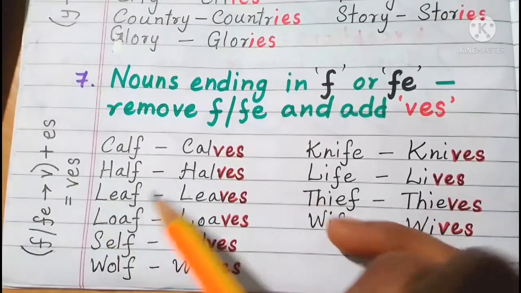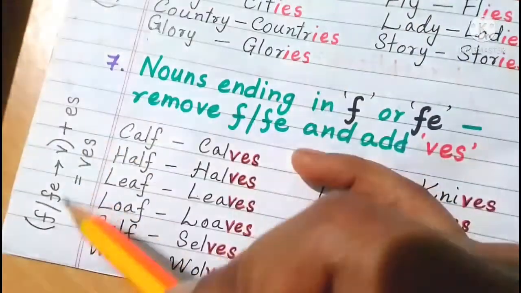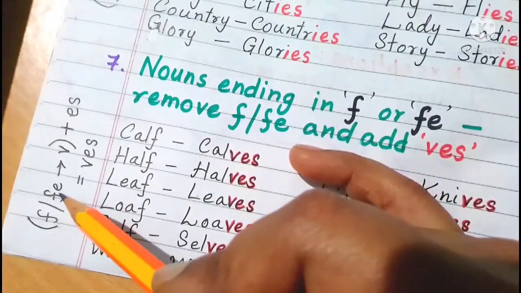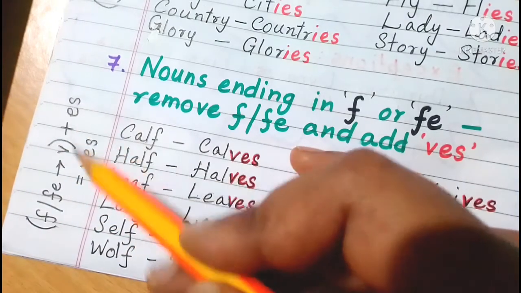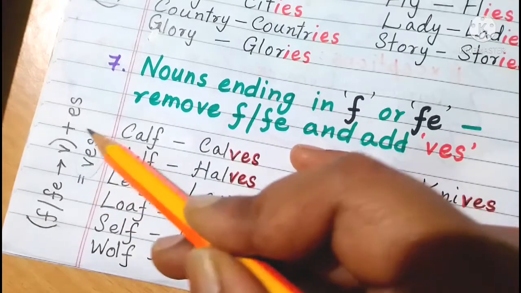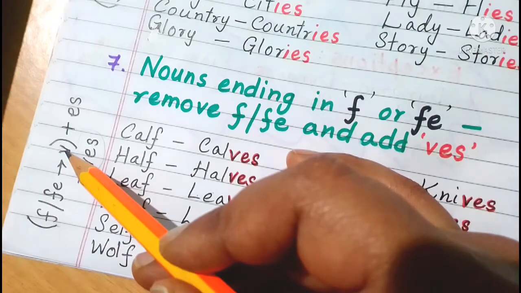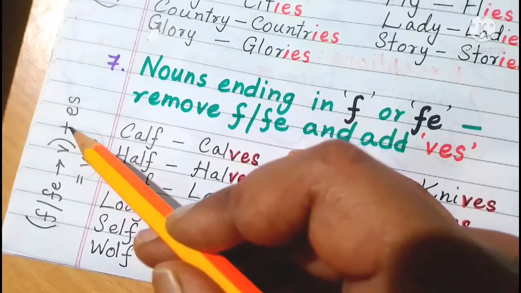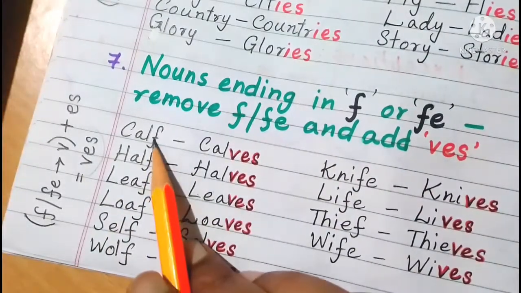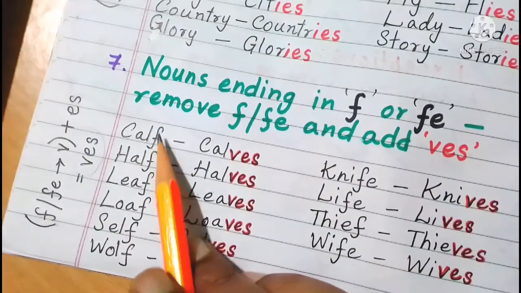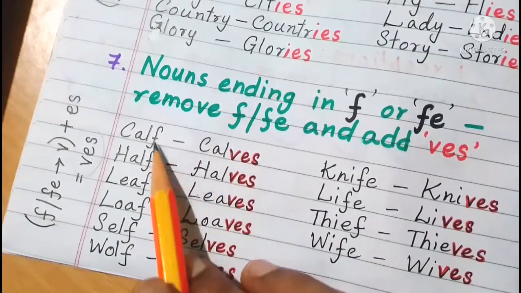Now this conversion can be simplified. See here, I have written that f or fe is converted to v and then we add es, so the whole thing becomes ves. I hope it is clear. So f or fe is converted to v first, and then with that v we add es to make ves.